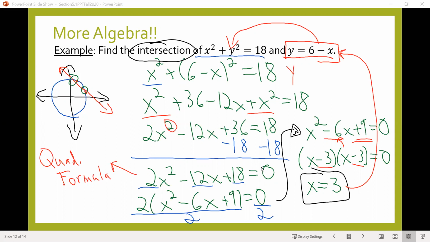So y equals 6 minus the value for x, which is 3. That gives us y is 3. Putting those together gives us that our intersection point here is (3, 3). And there we go. Now we're done. Wasn't that fun?